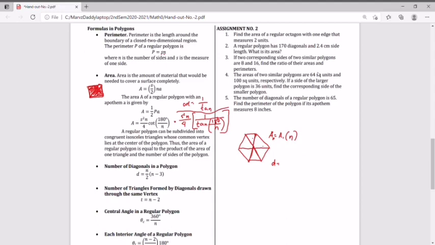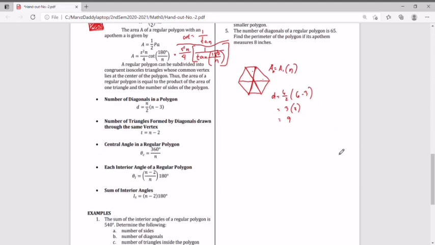So, 6 over 2, 6 minus 3. This is 3 times 3. This is 9. That is the number of diagonals in a polygon.